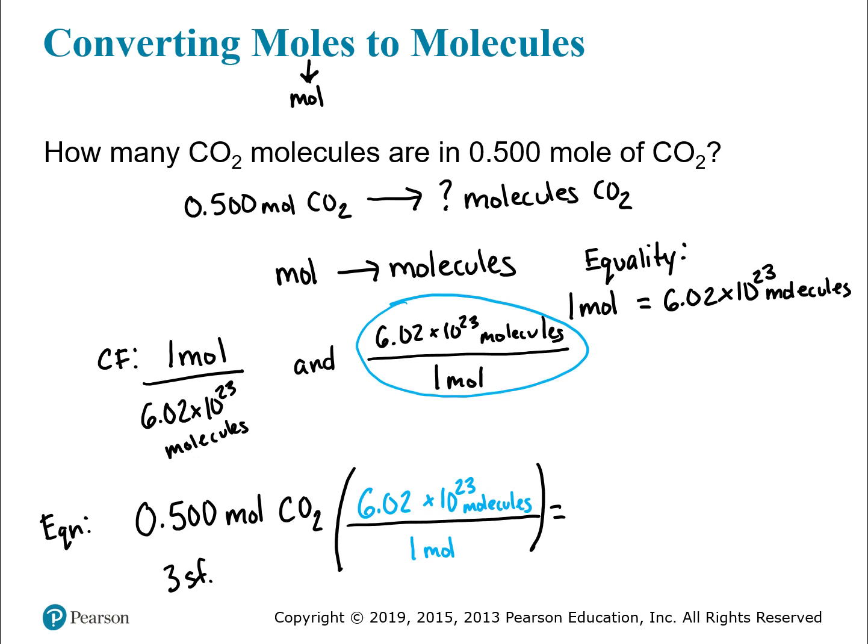You multiply 0.5 times 6.02 times 10 to the 23rd, and this is what you get: 3.01 times 10 to the 23rd molecules. And that's with 3 sig figs.